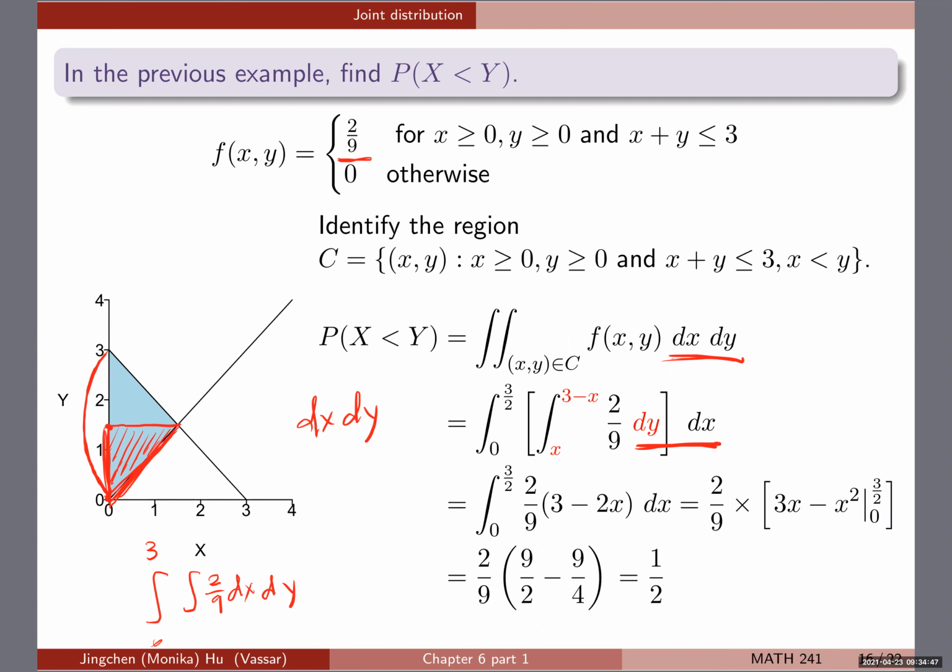Whereas when your y is between 3/2 and 3, you're using the upper one, so I'm going to use a different side, and the bounds are different. So feel free to try it out, but like I said, it will be more challenging for this particular case to do dx dy, and that's why we chose dy dx as the example, or I should say, as the approach.